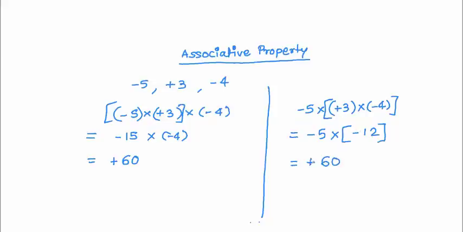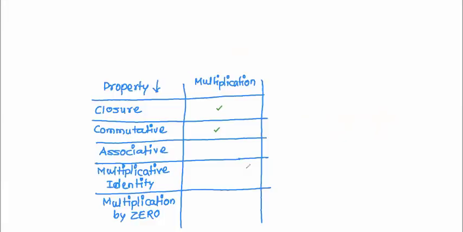And now we can see clearly that on both sides the result is the same, it does not change, and hence we can say that multiplication is associative in integers. Let's update our chart. We know multiplication is associative in integers.